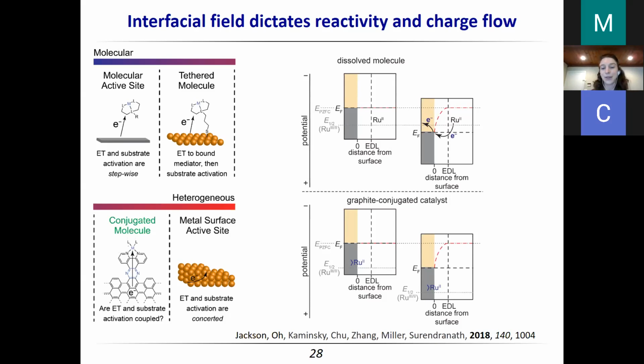And so even though I am changing the potential and changing the driving force for electron transfer between the electrode and the solution, I'm not significantly changing the driving force between the electrode and the ruthenium species. These are just moving together.